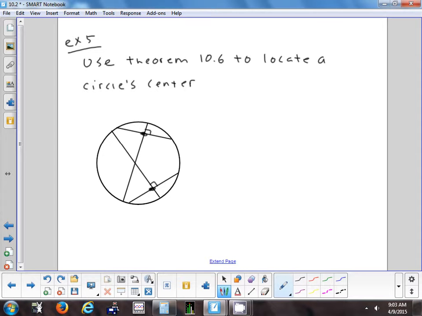It has to be the center of the circle. So that's how you can find the center of a circle. Draw two chords, draw in a perpendicular bisector to each chord. Where they cross, that's the center. The only thing you can't do is draw your chords parallel. Then you'd have two diameters right on top of each other.